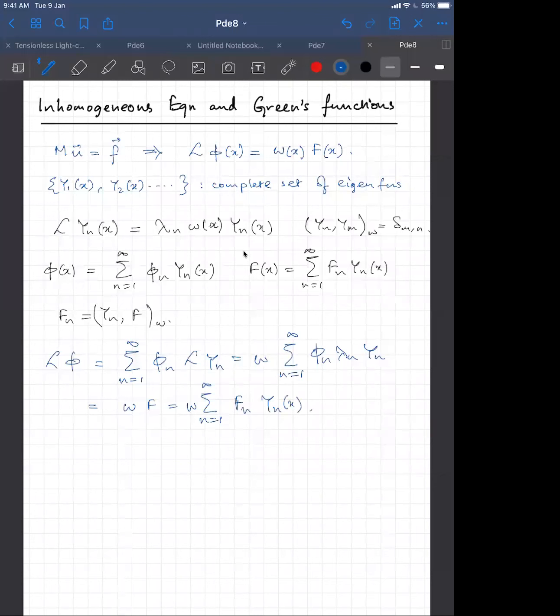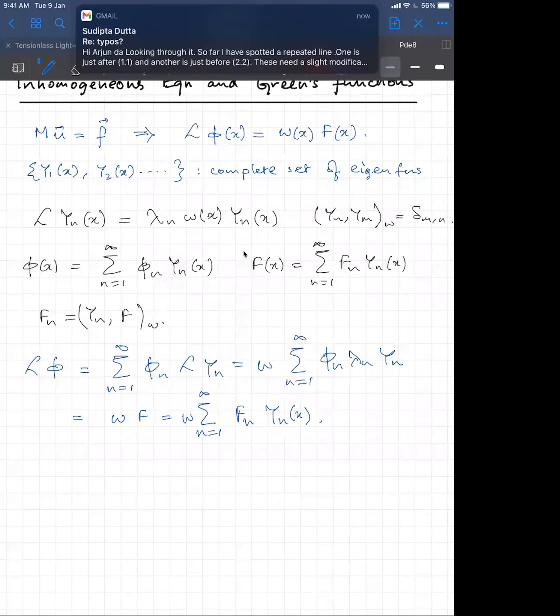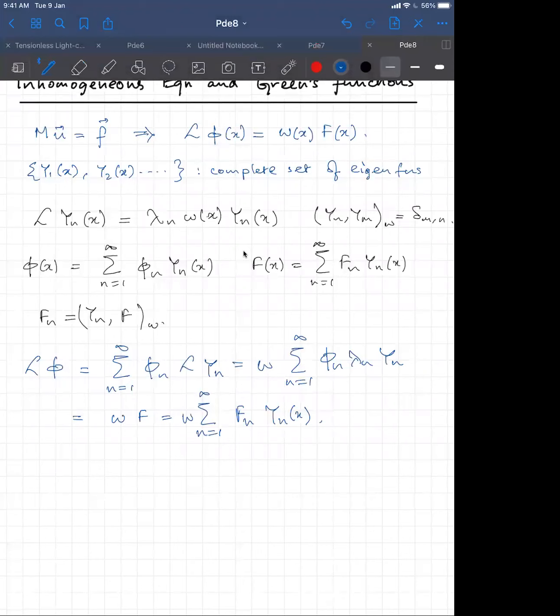So provided the eigenvalues are non-zero, we will have phi of x is the summation over n equal to 1 to infinity of fn by lambda n yn of x.